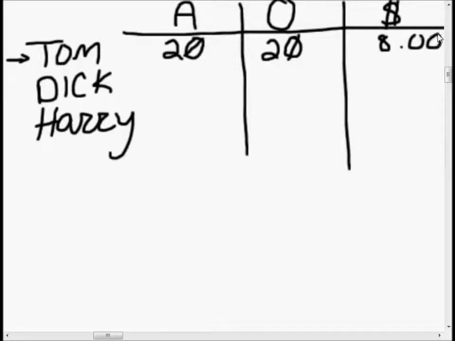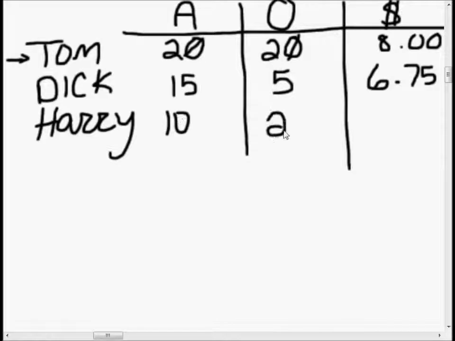Okay? And then Dick bought 15 apples, 5 oranges, and he paid $6.75. Okay. And Harry bought 10 apples, 25 oranges, guy likes his oranges, and he paid $11.